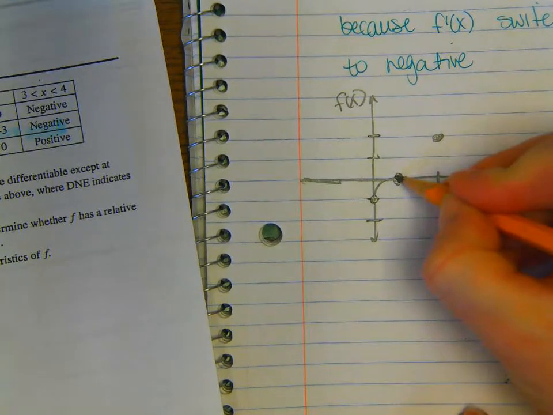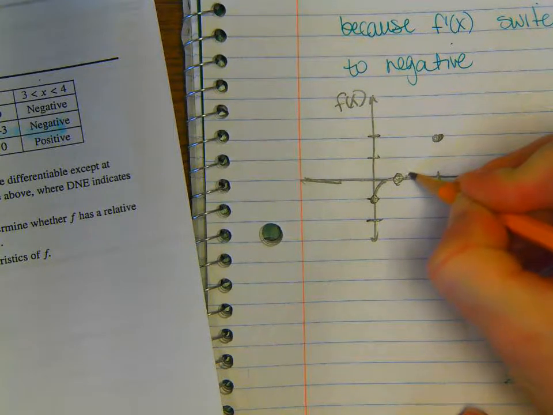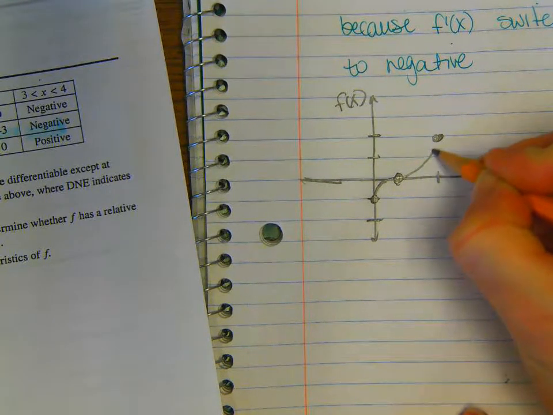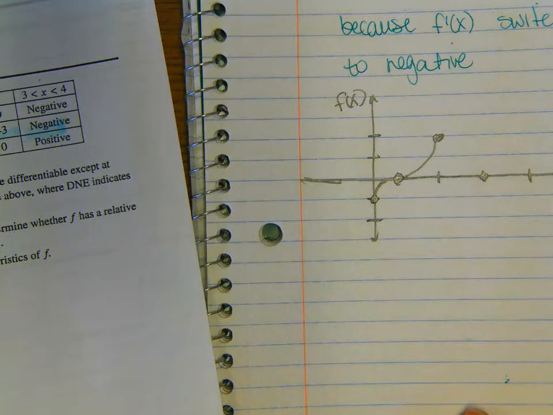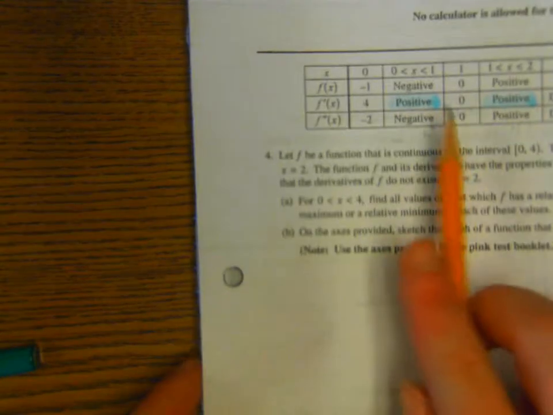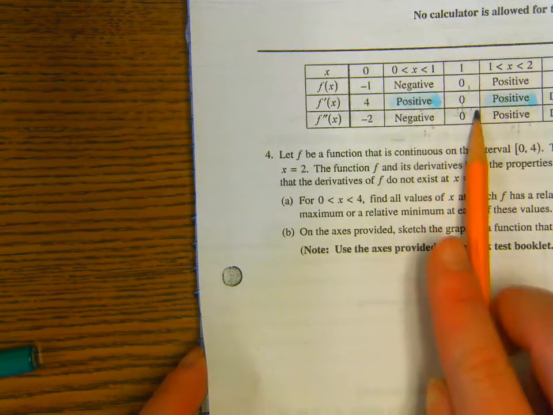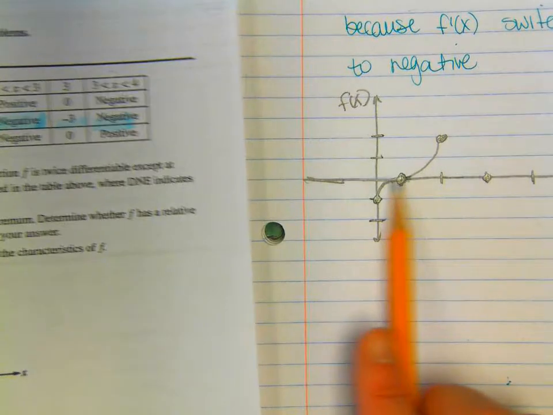Now it switches from concave down to concave up. How did I know that the function was still increasing? Because remember how we looked here and we said the slope levels off, that's that 0. Also f of 1 is 0. So it goes through this point and there's a slope briefly of 0.